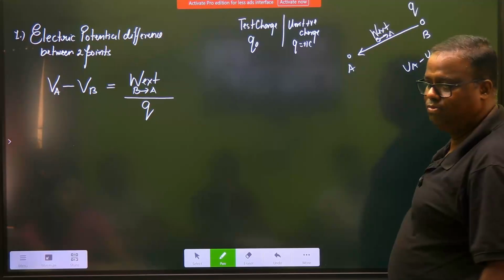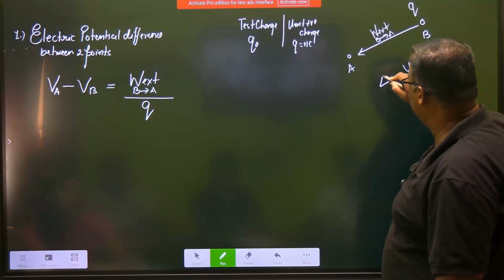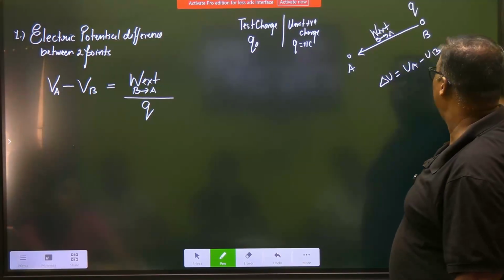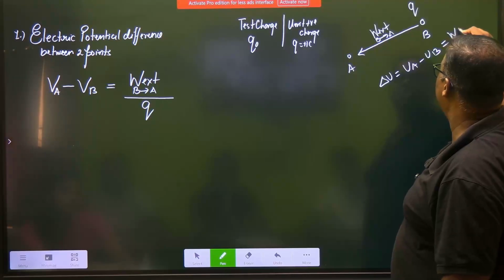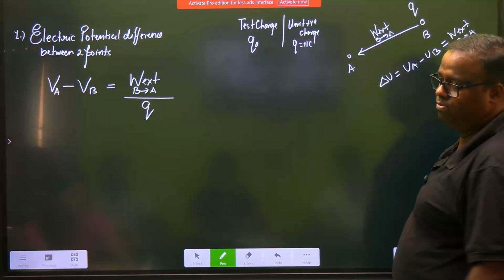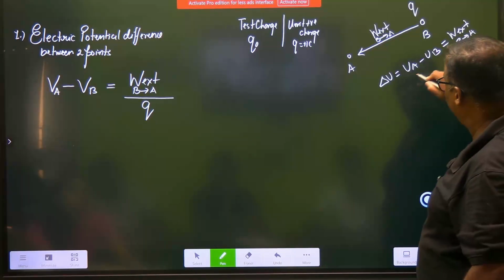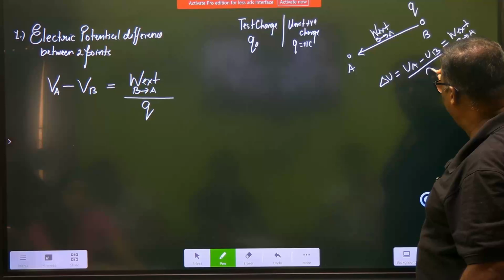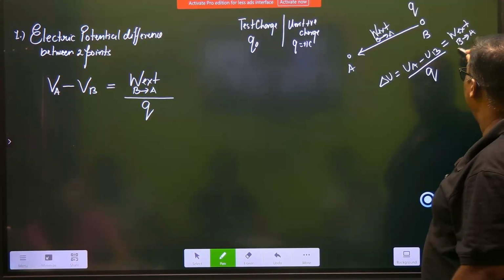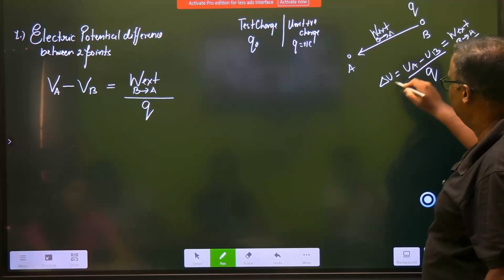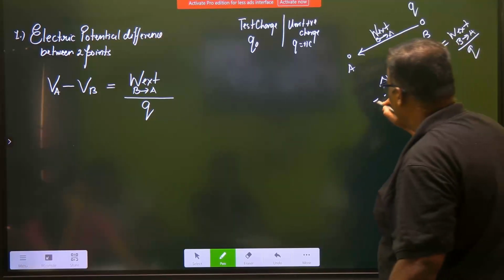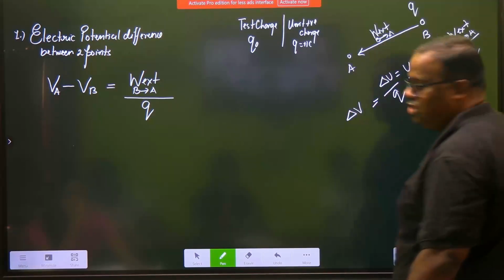This energy difference is known as delta U. And what is this energy difference? It is the external work, the sweat that you have poured out. That work is stored as potential energy. This potential energy difference, if you divide it by Q, so you are dividing this also by Q, you get something which is known as potential difference.